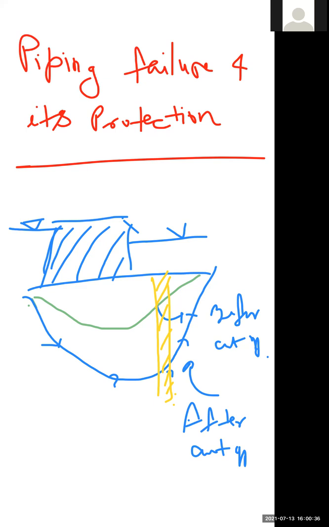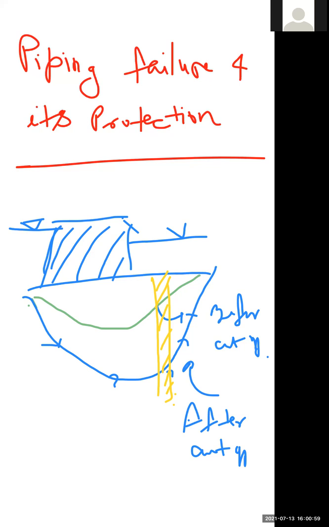In order to avoid piping, a sufficient length of vertical cutoff, that is the sheet pile wall, is provided at the downstream side of the dam, and this cutoff increases the length of flow, thereby helping reduce the value of exit gradient. Also, we provide an inverted filter.